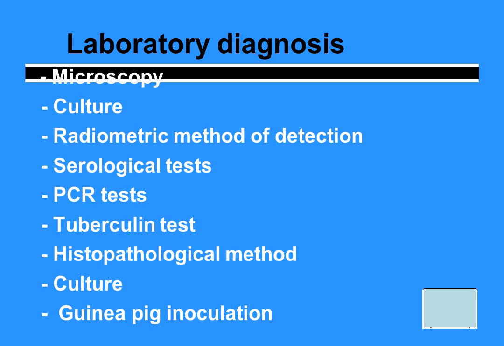Tuberculin test can also be done, and it is not a diagnostic test of tuberculosis, it just shows the presence of immunity against tuberculosis. So even patients who are immunized against tuberculosis will show a positive tuberculin test. Histopathology, that is a biopsy taken from the involved organ, can show evidence of granulomas, and special stain will show the presence of acid-fast bacilli. In guinea pigs, we can inoculate this bacteria and study their growth.